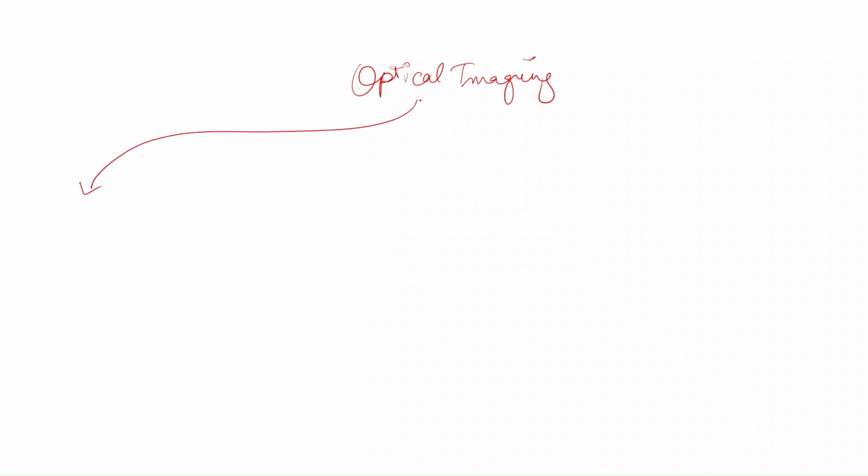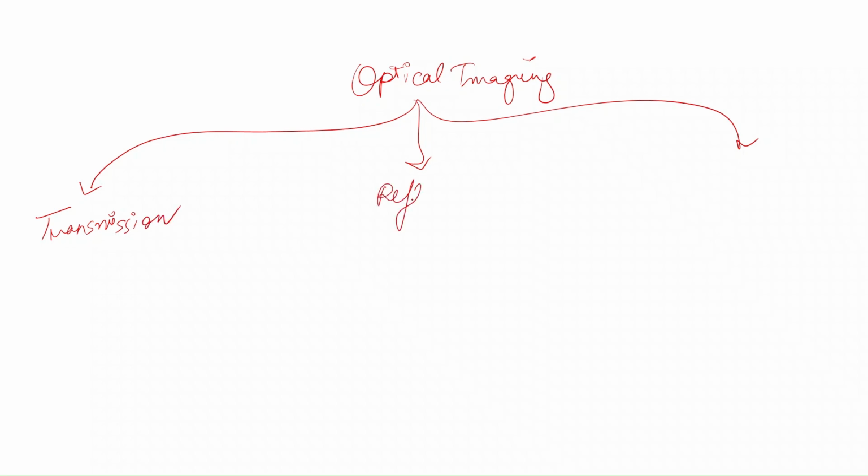Optical imaging can be of transmission, it can be reflection, or it can be fluorescence, usually of this nature.